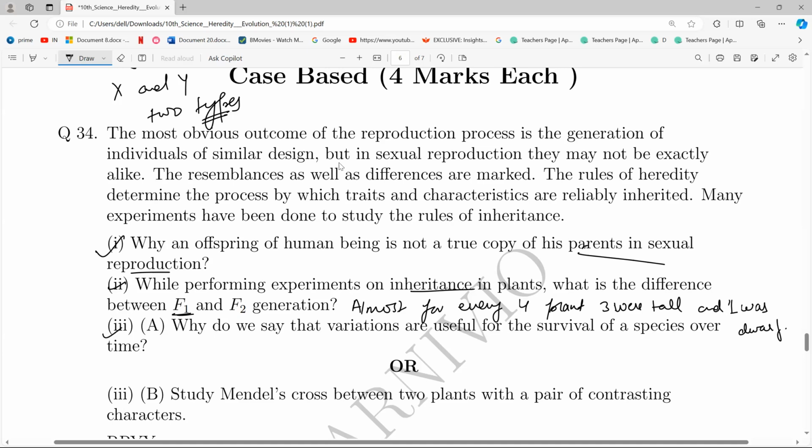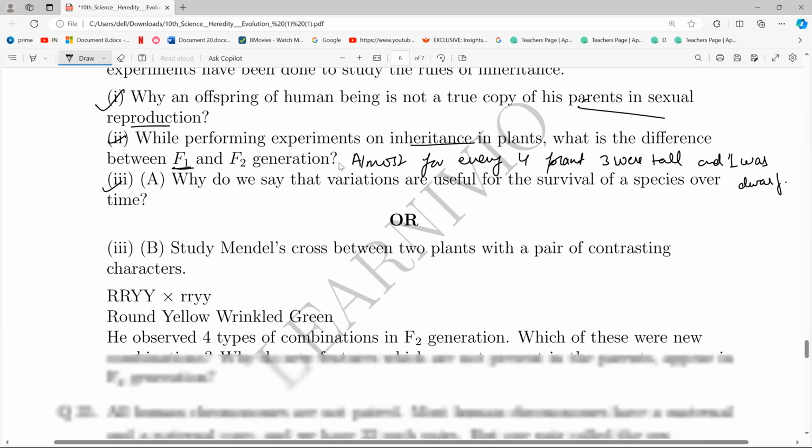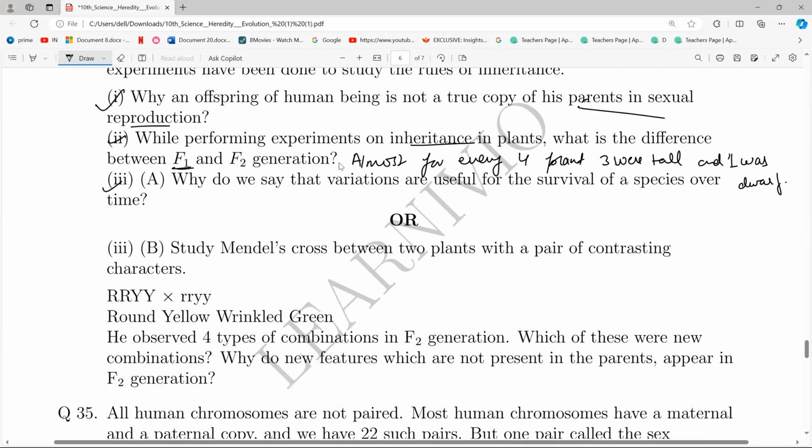Why do we say that variation is useful for the survival of species over time? This is an important question. As you know, when variation occurs, change occurs, and those changes which are adaptable or suitable to the changing environment provide a survival advantage.